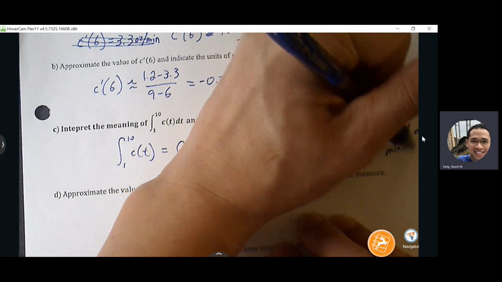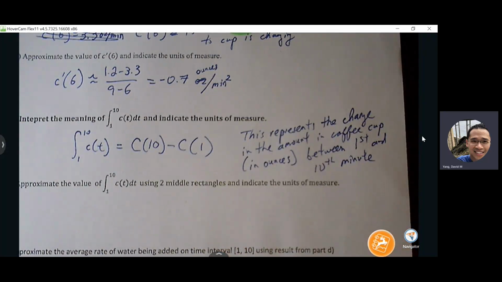In other words, this is looking at how much coffee has been added to the cup between the first and 10th minute. That's what the integral from 1 to 10 of C of t tells you. It accumulates all those rates over that period of time, and what you end up with is the amount of coffee added into the cup.